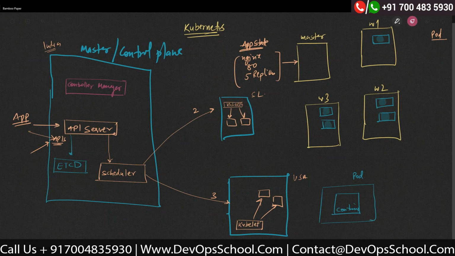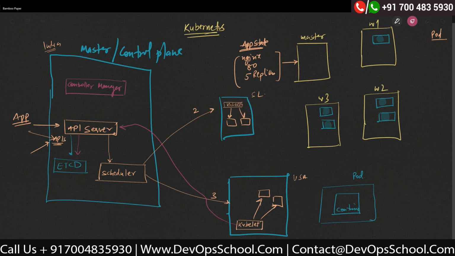Then what happens? Immediately this embassy will say there is something wrong here. 1 pod is missing, and gives this information back to the API server that 1 pod is missing. Do something about it. And API server says, all right, looks like 1 pod is missing, and it updates the etcd database, right?